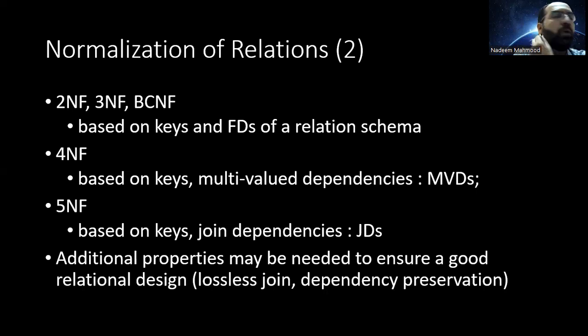BCNF stands for Boyce-Codd normal form, which is a special case of third normal form, based on the keys and FDs of a relation schema, which we will see. Fourth normal form we will also discuss. That is based on multi-valued dependency, and we explain this concept as well. So there are certain additional properties as well. We also have fifth normal form.